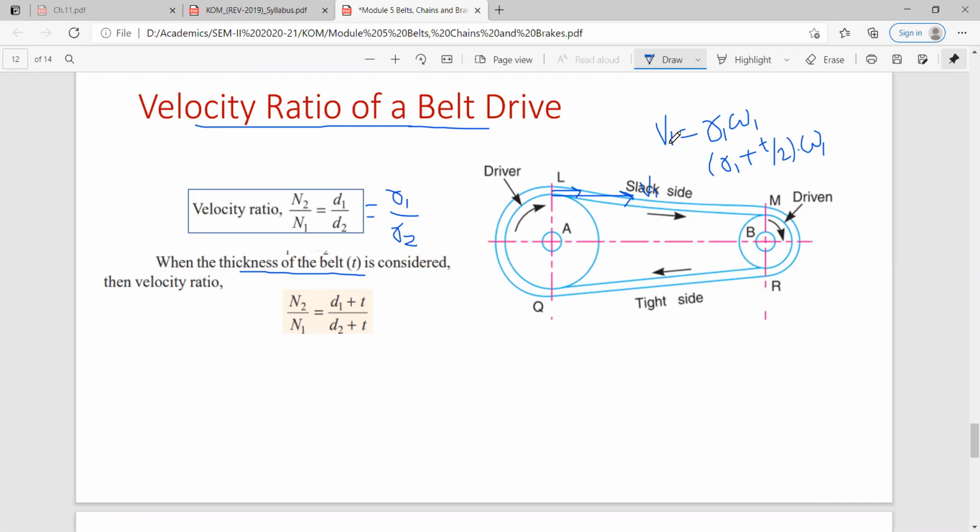So when you consider the thickness of the belt, the velocity ratio formula is N2 upon N1 is equal to (D1 plus t) upon (D2 plus t). Okay, so note it down, this formula of velocity ratio.